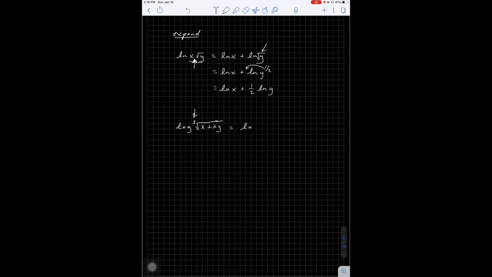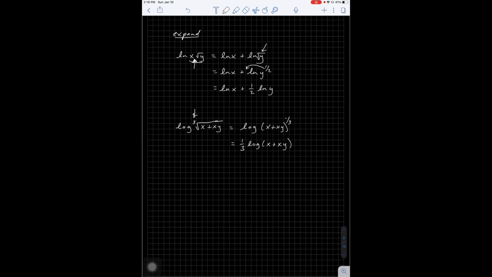What is that? That's a power to the 1/3. So that's on the outside, so that's got to happen first. So that's coming down in front. And then the question is there anything else you can do? Don't get sucked in. The answer is no.